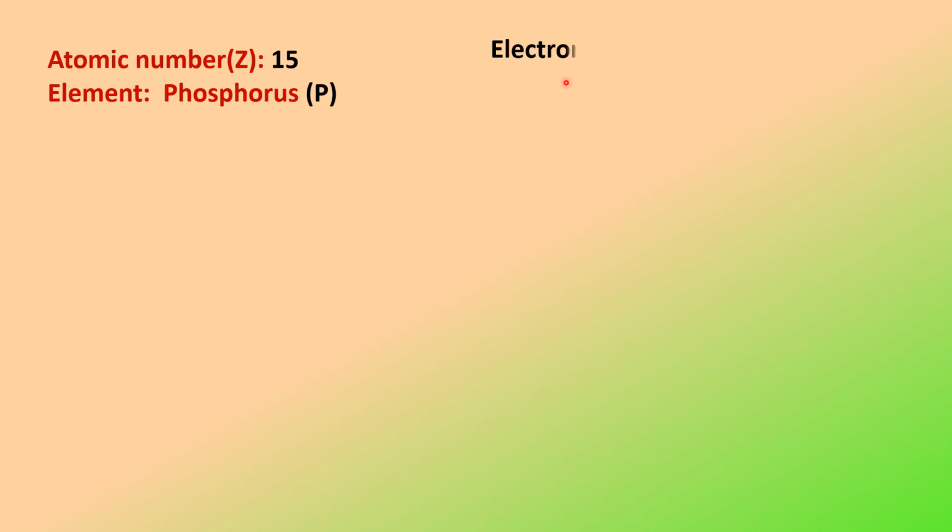Phosphorus has atomic number 15. Its symbol is P. And the configuration for phosphorus is 1s2, 2s2, 2p6, 3s2, 3p3. 2 plus 3, 5 electrons are present in its outermost shell, which is the third shell.